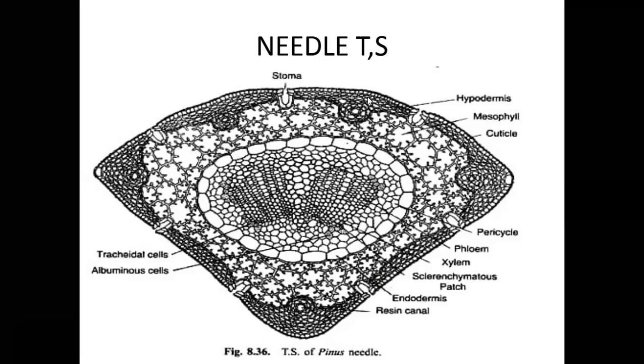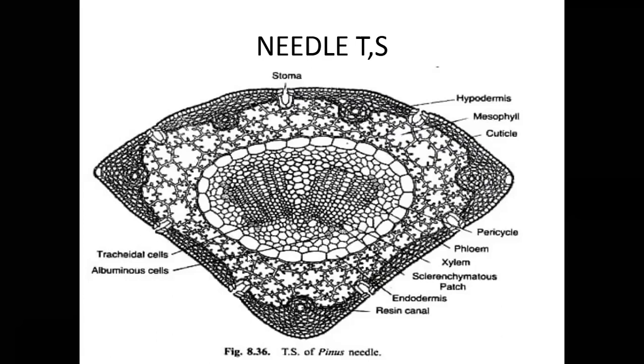Below the epidermis, the hypodermis is present. The hypodermis is made by sclerenchyma tissue. It gives additional mechanical support to the needle. Below the hypodermis, the mesophyll is present.